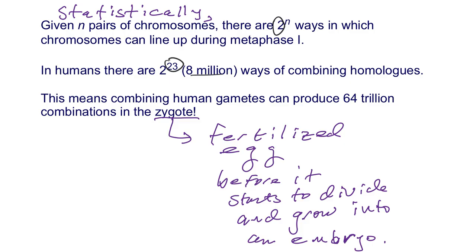So sometimes the mother's chromosome will be on that side and the father's chromosome will be on the right side, or it might be on the left side, right side. With 23 different pairs, do the math, and you'll get 8 million different combinations. That's called independent assortment.